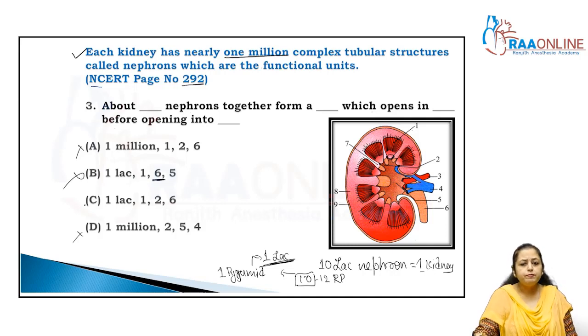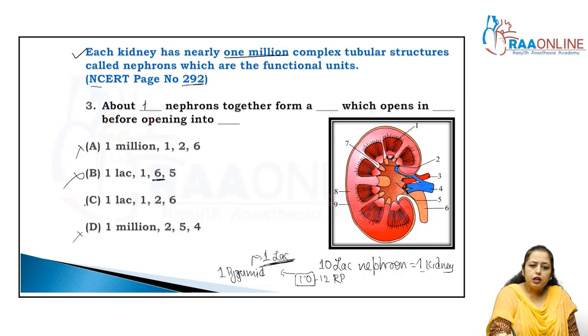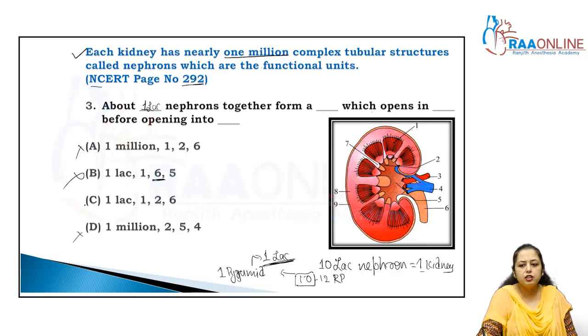So what will happen? Approximately 1 lakh nephrons together form a medullary pyramid. That is the complex structure which opens to form a calyx. That is option 2 according to that question, because intermediate steps are not given in it.